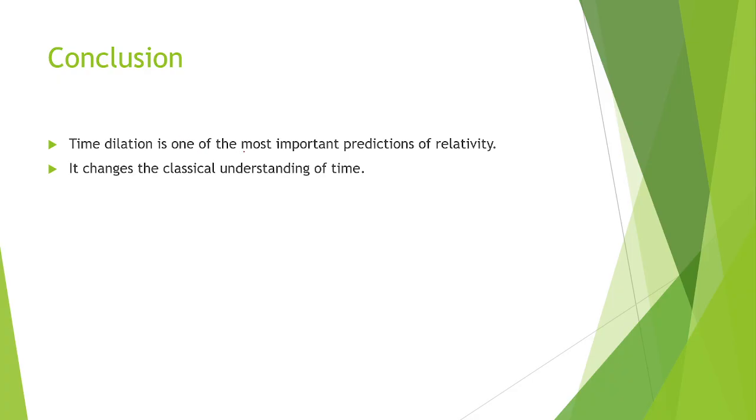Time dilation is one of the most important predictions of special relativity. It changes the classical understanding that time is constant for all observers. It is not constant for all observers.